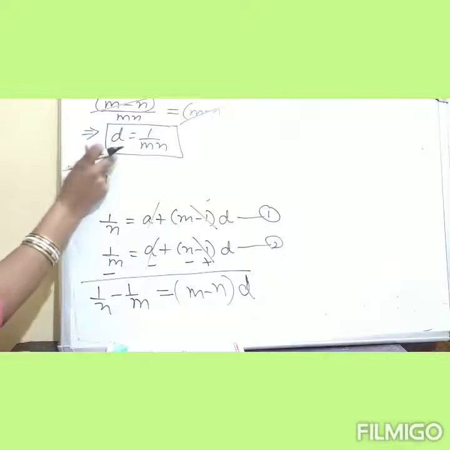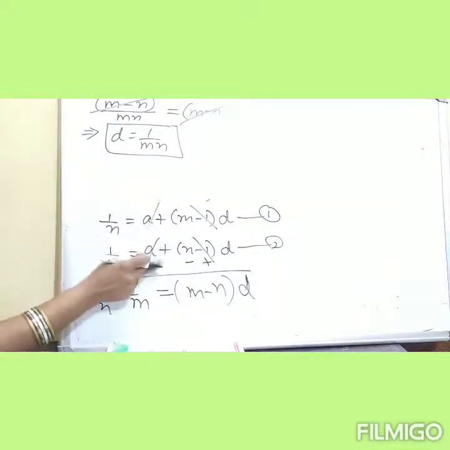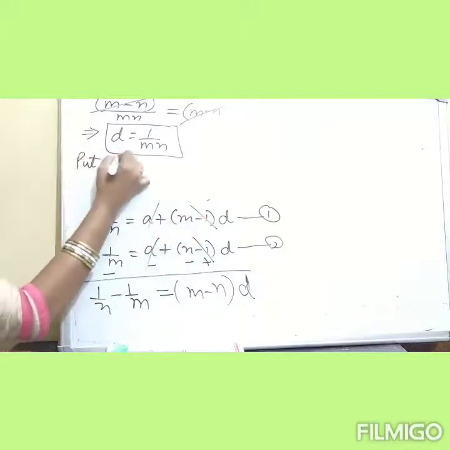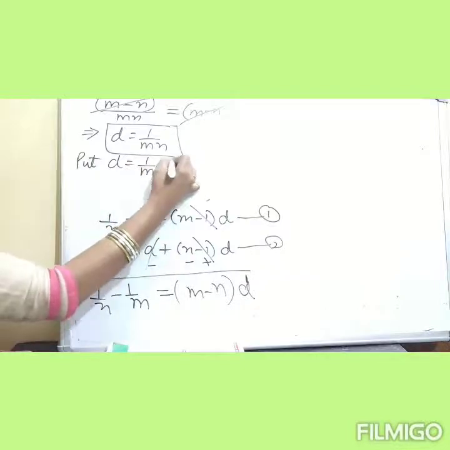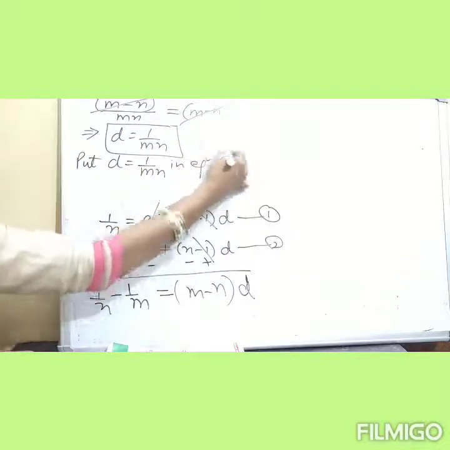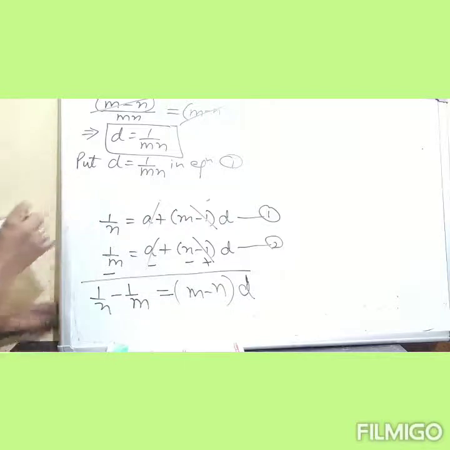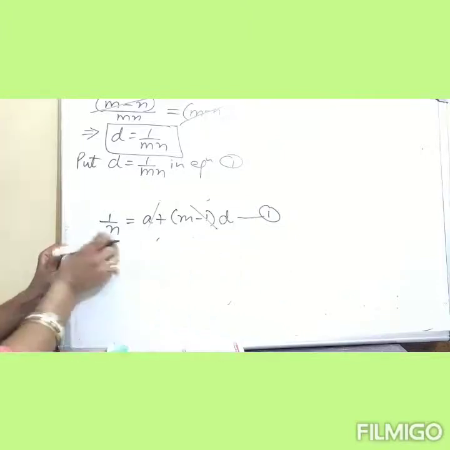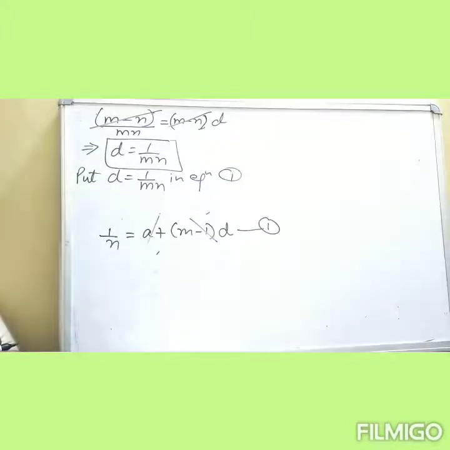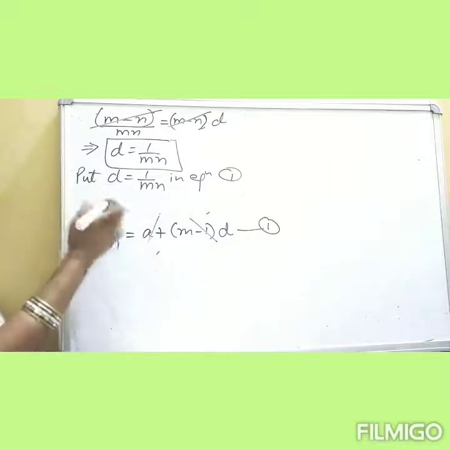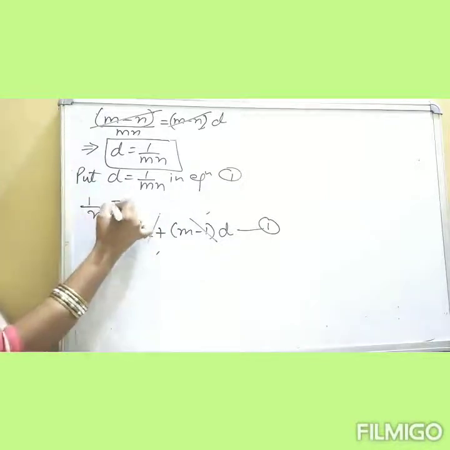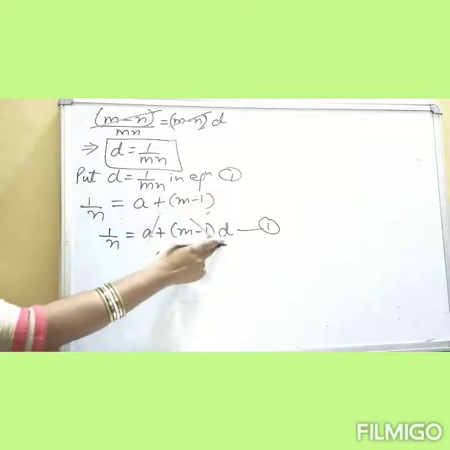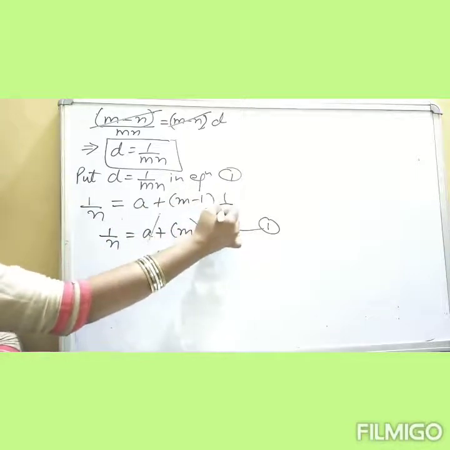Now put this value of d in either equation number 1 or equation number 2. I'm going to put this value in equation number 1. Put d equal to 1 by mn in equation 1. What do we get? This is our first equation, so if I put this value here, I will get 1 by n equal to a plus (m minus 1) and d is 1 by mn.